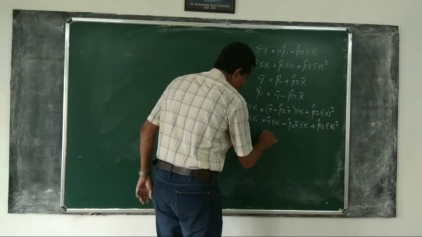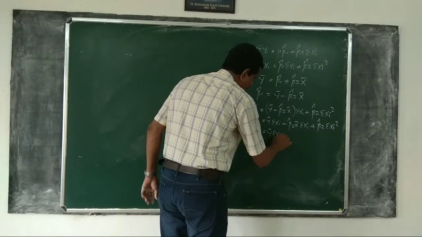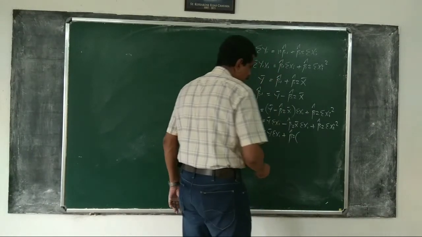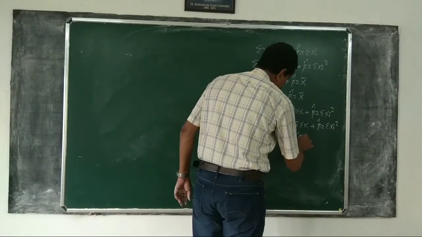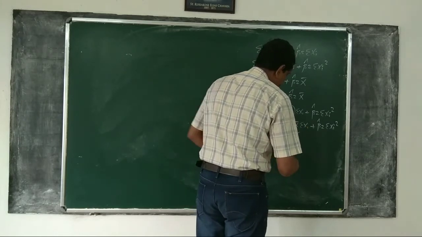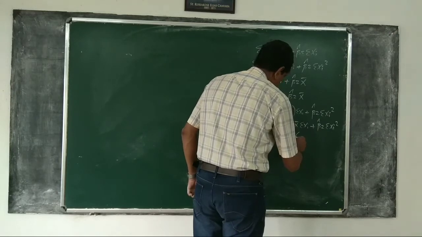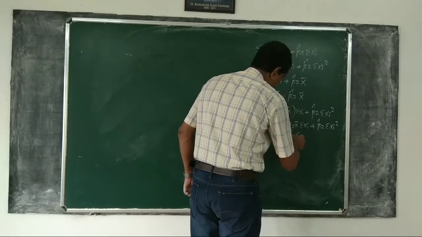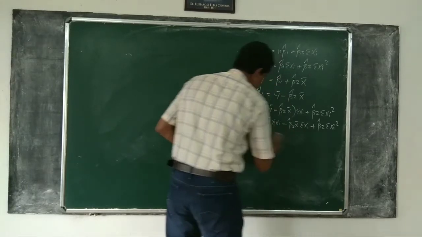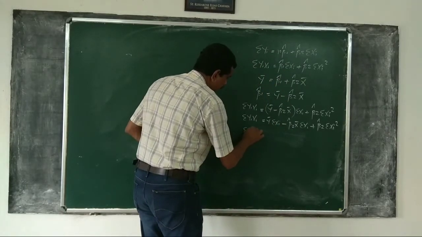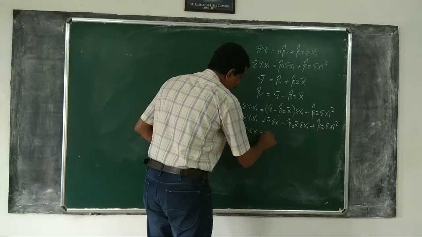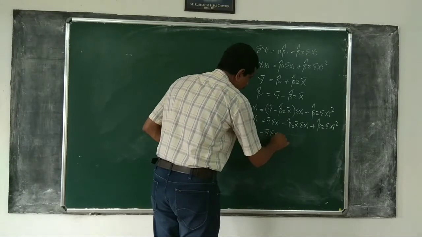This can be written as y bar into sigma xi plus beta 2 hat taken as common. Sorry, one more step. Sigma yi xi is equal to minus y bar into sigma xi.